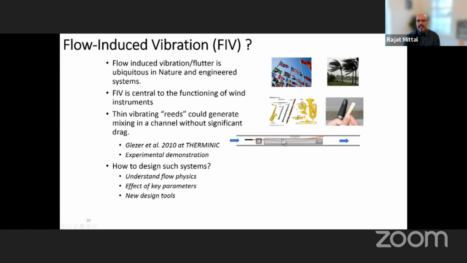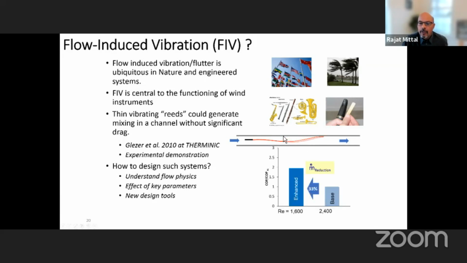When he puts them in a channel, these cloth reeds start to vibrate and flutter. When he measured the heat transfer, he was able to show that even at Reynolds numbers as low as a few thousand, where the flow is quite laminar, you can increase heat transfer by almost 30% by the introduction of these reeds.